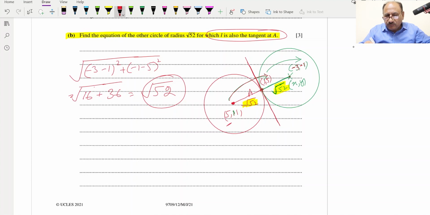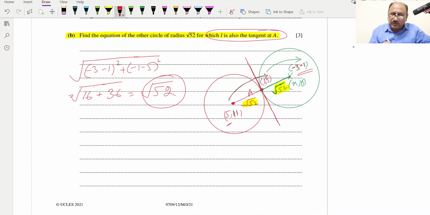Similarly, for the y coordinate, from 1 we add 5, and 11 minus 6 is 5, so 6 minus 5 minus 6 will be minus 1. So this is how we have taken these two coordinates.